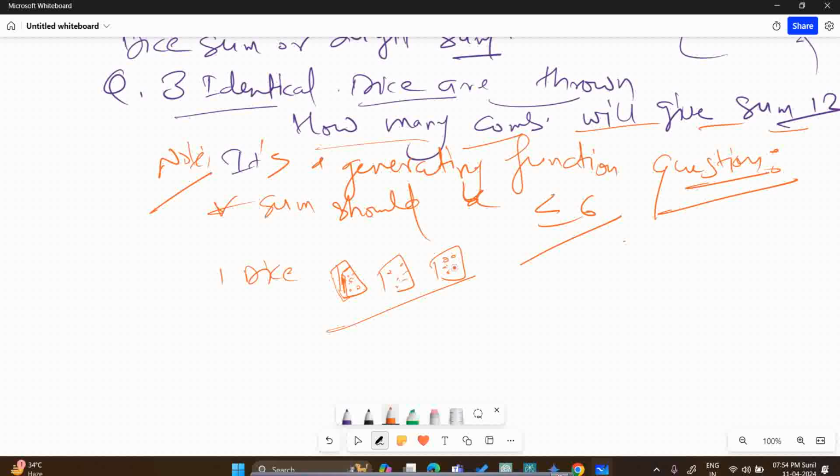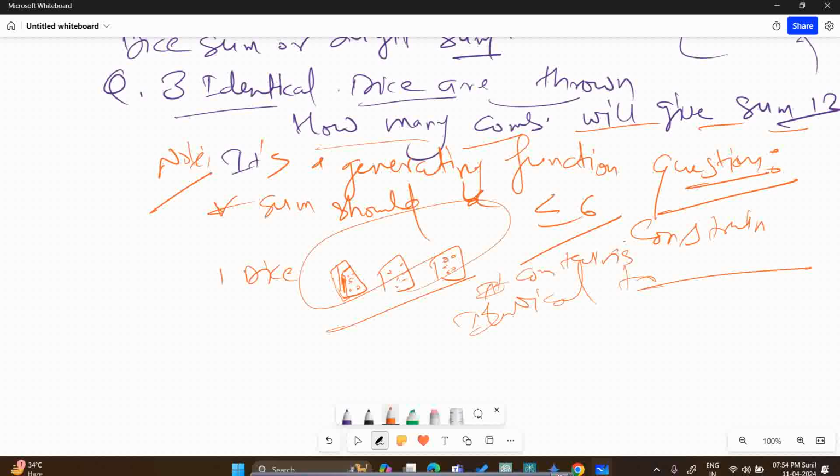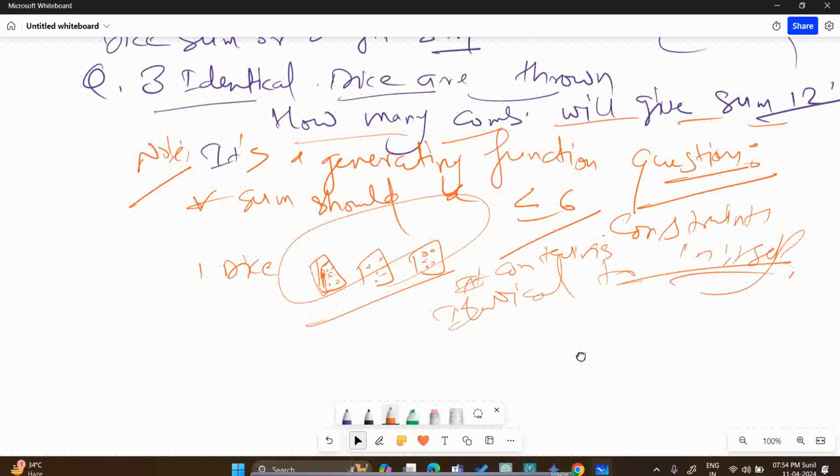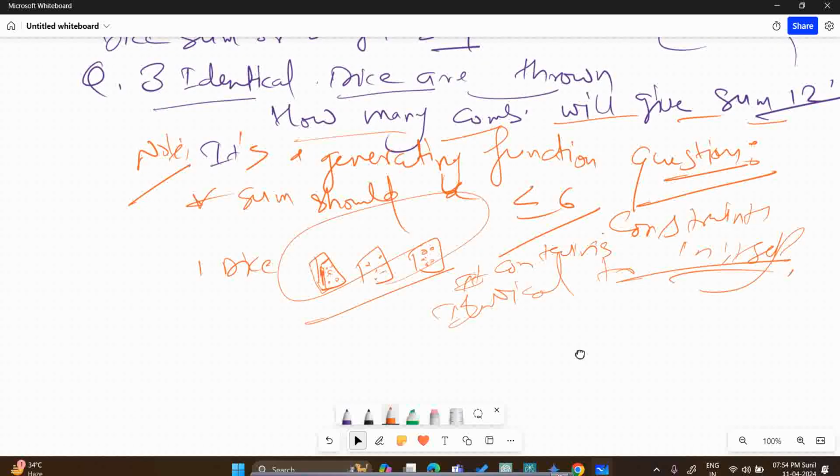It's a generating function approach. This contains constraints in itself. We will solve this, but not yet.